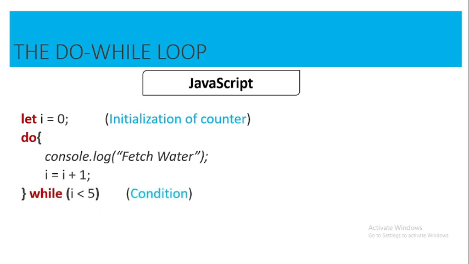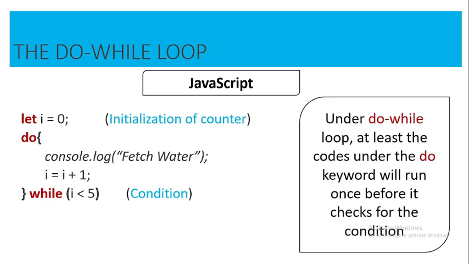After that the closing curly bracket comes, then the while keyword and the condition inside the parentheses. With this code, before the computer checks the condition, it will run console.log fetch water at least once, then increment the counter before it checks the condition.